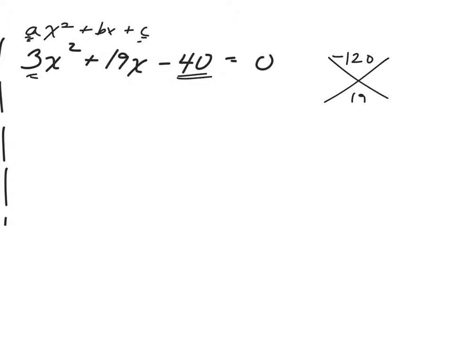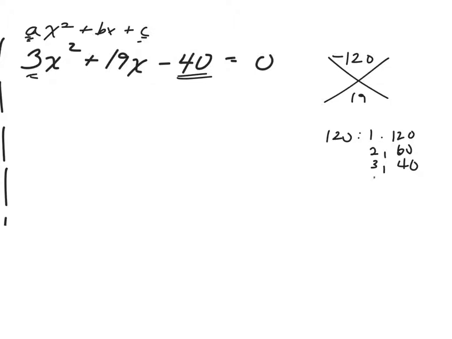So then I'm going to start my process. I'm just going to start off with how do I make 120? The way I make that is utilizing factor pairs. So 1 times 120, then 2 times 60, and I'm asking myself, can any of these make 19 somehow, some way, but still make negative 120? So far, I don't have an answer. Then I go to 3 times 40, so 3 and 40 make 43 or 37, not 19.